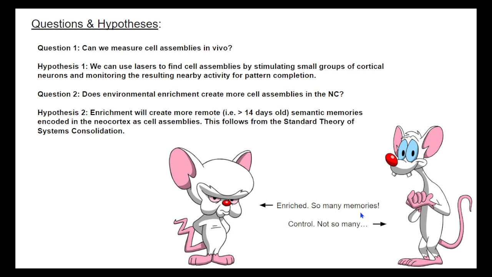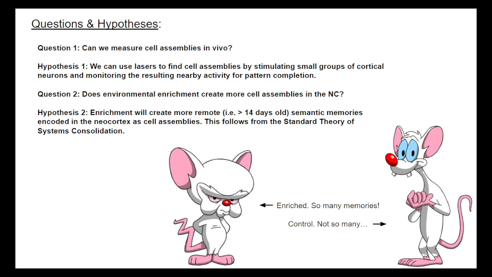Okay, and I'm showing my age a little bit here, that I know who Pinky and the Brain are, but my question number 2 is about environmental enrichment. So just having a more interesting environment, more lived experiences, and more semantic memories, presumably. And I think that some forms of environmental enrichment should create more semantic cell assemblies in the neocortex.